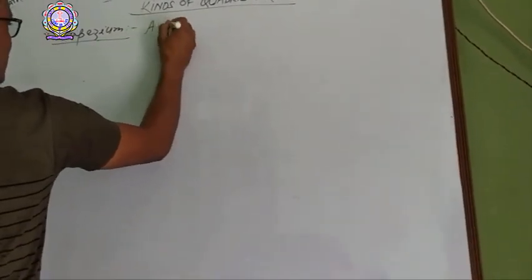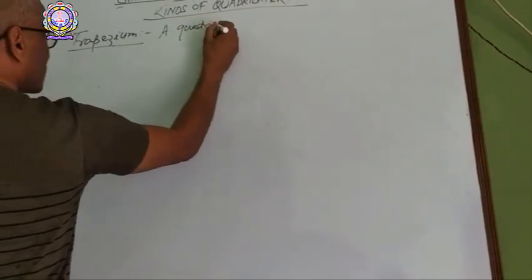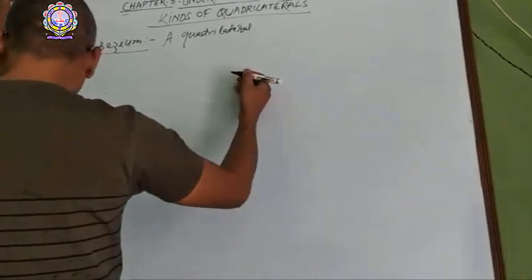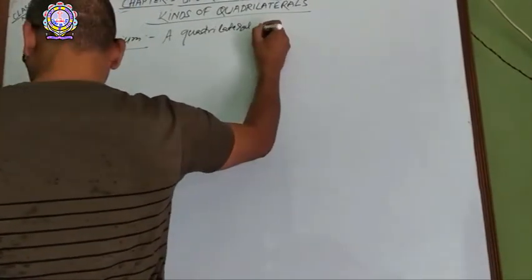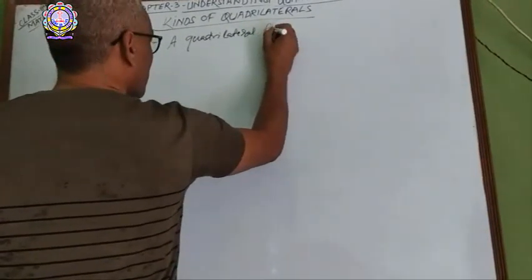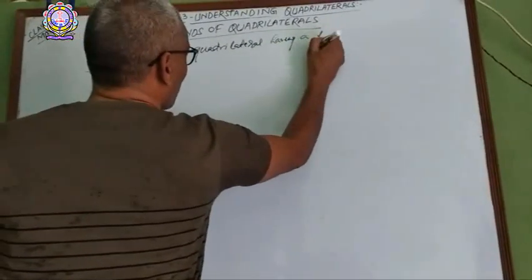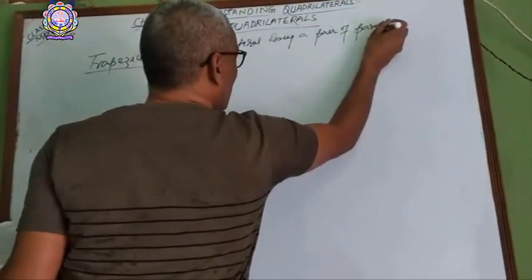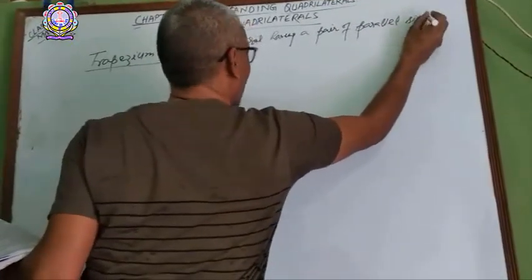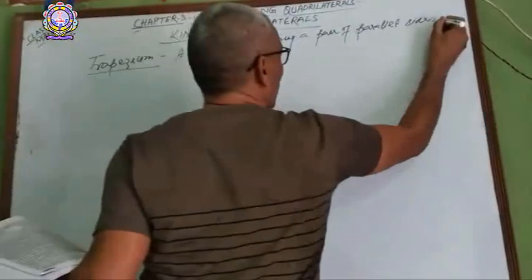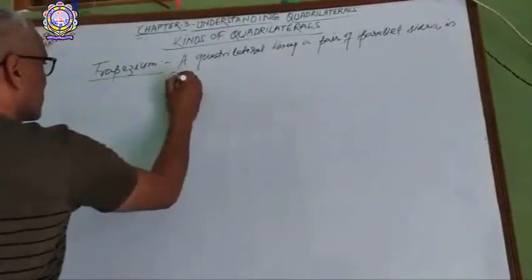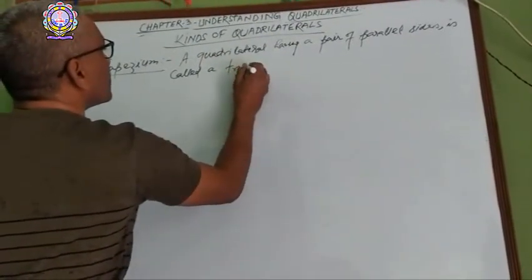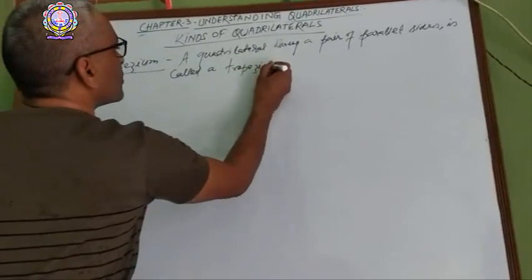A quadrilateral having a pair of parallel sides is called a trapezium.